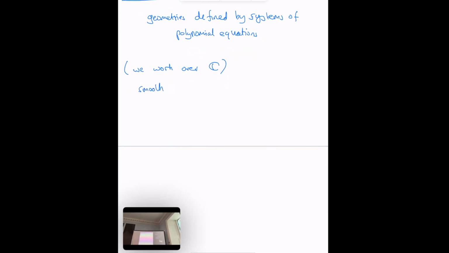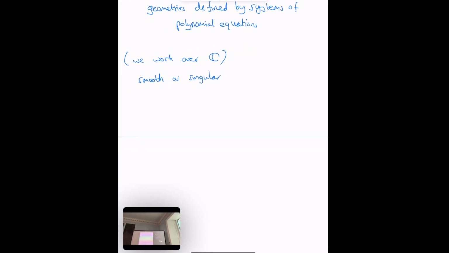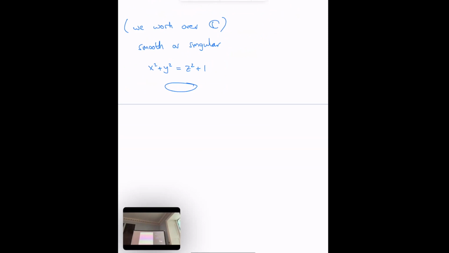Just as an example, if I think about the subvariety of 3-dimensional space with coordinates x, y, and z, defined by the equation x squared plus y squared is z plus 1, it looks a bit like this. A hyperboloid of one sheet. So that is a smooth algebraic variety.